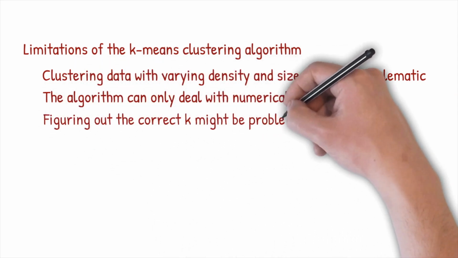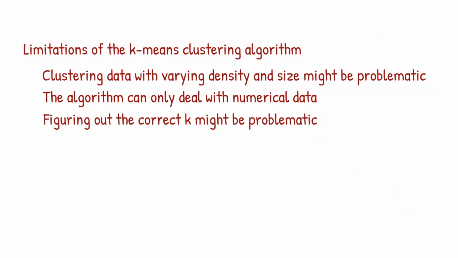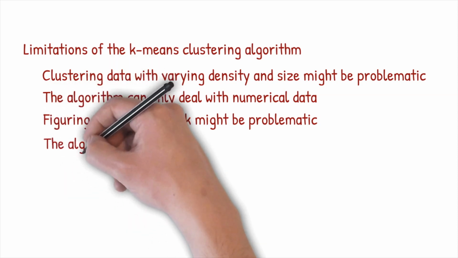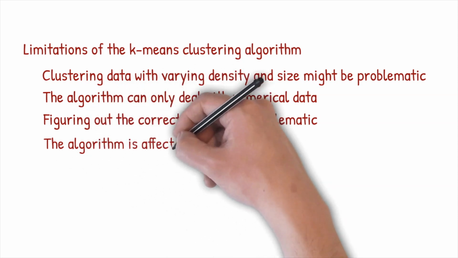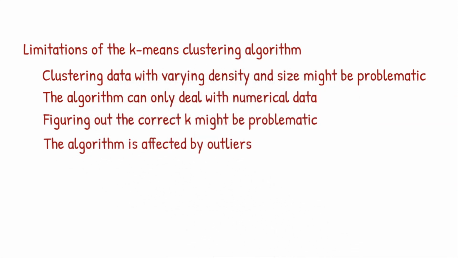Figuring out the correct K might be problematic. For two-dimensional or three-dimensional data, we can visualize, but for higher dimensional data, figuring out an appropriate number of clusters can be cumbersome.